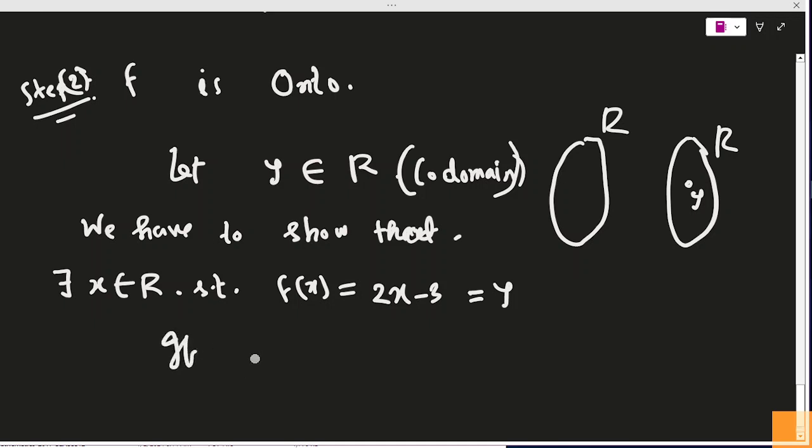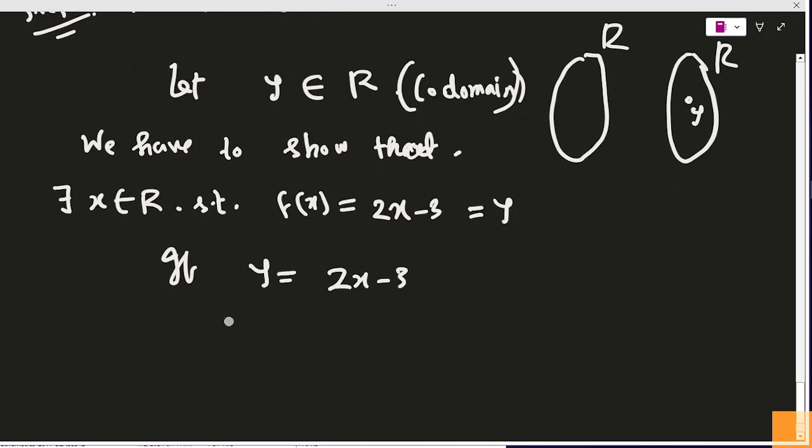If y is equal to twice x minus 3, then twice x is equal to y plus 3.